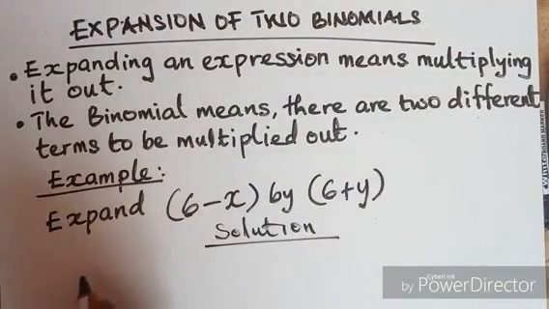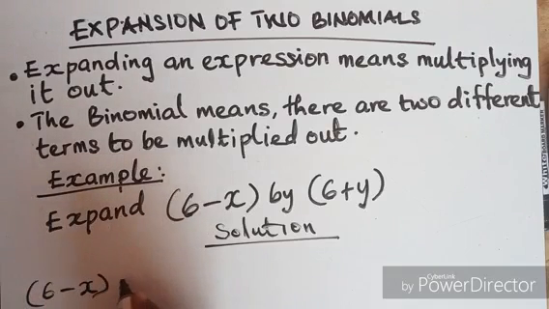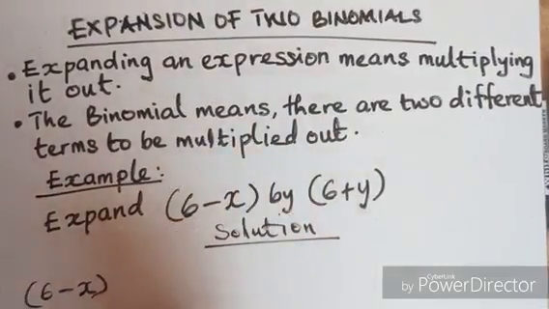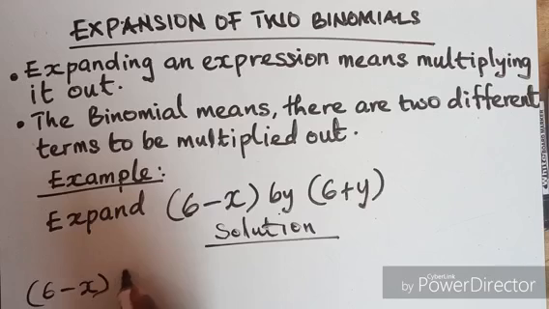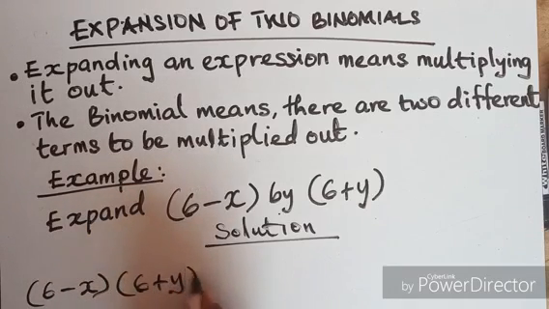We get back our function again, which is 6 minus x, multiplying by 6 plus y.